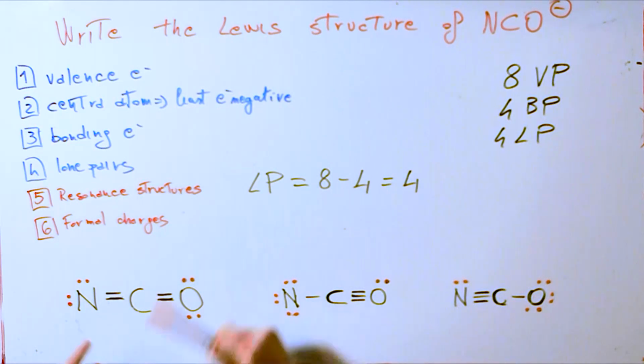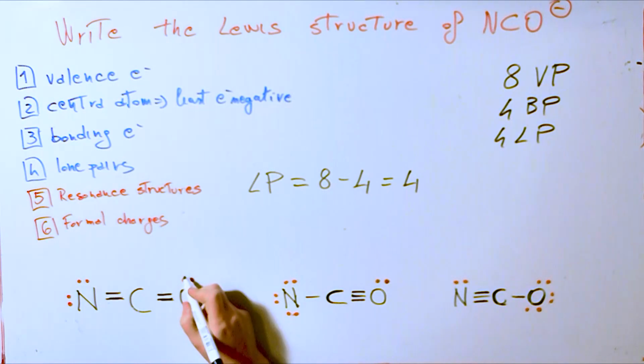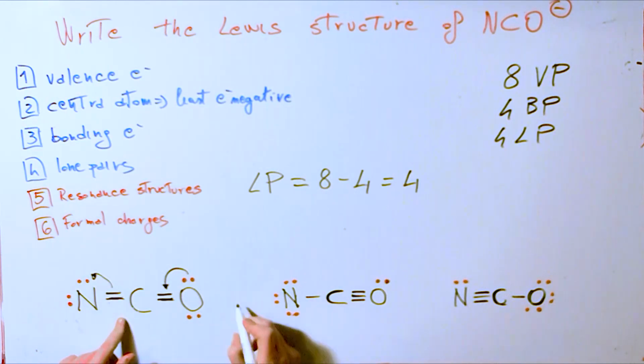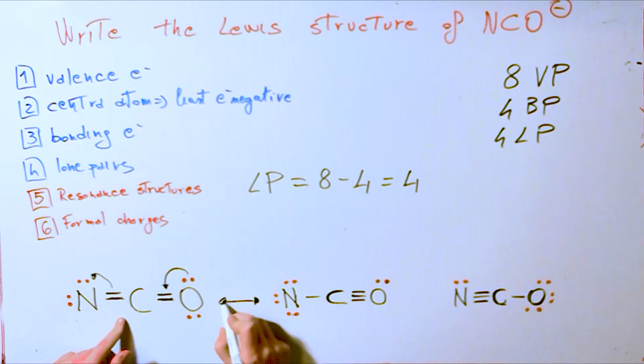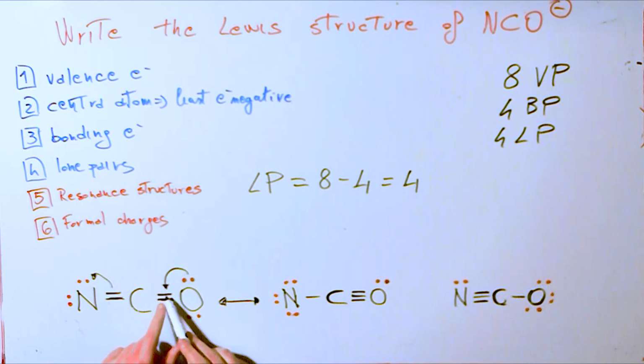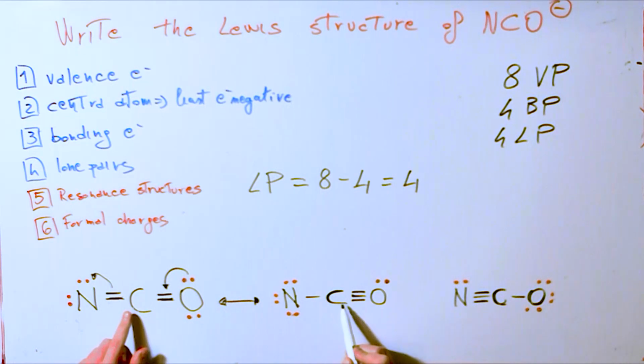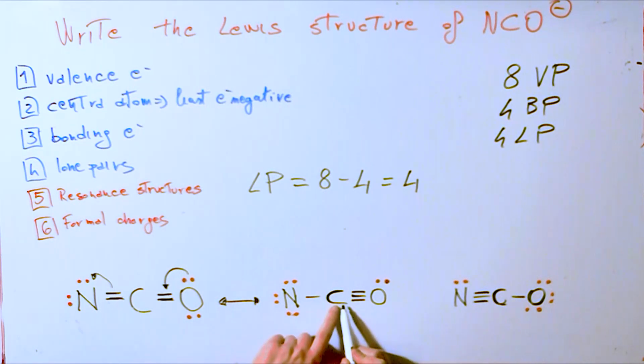We can do it now with these last 2 rules. There are resonance structures. Of course there are, because we have multiple bonds. This double bond can be placed here, and this will shift here. What will we have? We will have this one, because this lone pair goes here, forming this triple bond. This carbon has to have only 8 electrons.